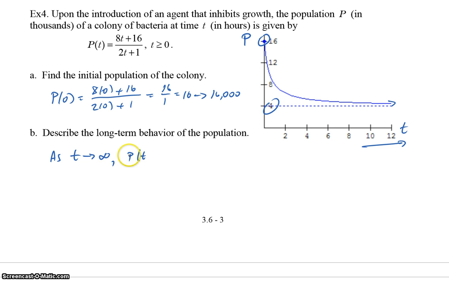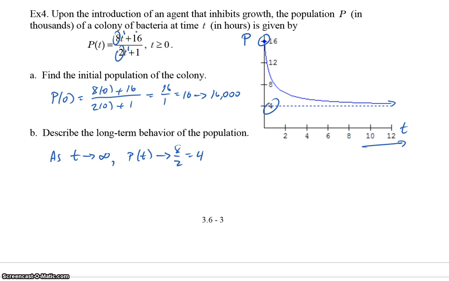P of t is going to approach 8 divided by 2, or 4. And that's because the degree of the numerator is the same as the degree of the denominator. Both of them are 1.